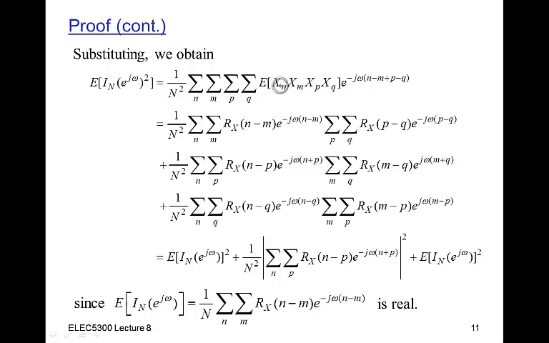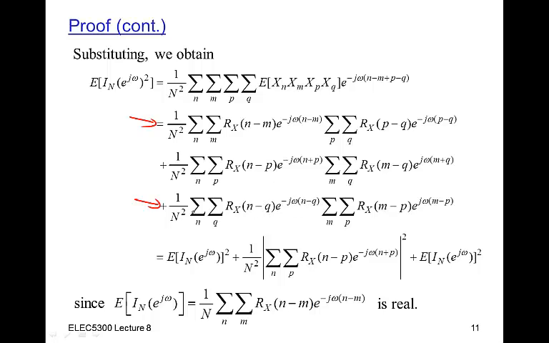And then when I have n minus q, I get an n minus q inside the exponential, and m minus p. If I look at this one here and this one here, these two all have a similar form, where this term inside the autocorrelation matches the term inside the exponential.